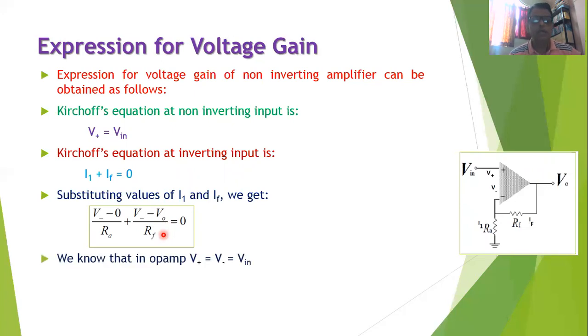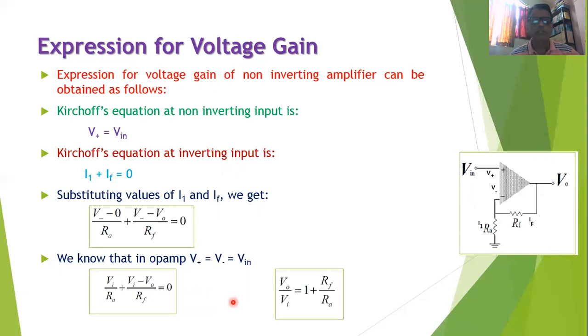Now in the third step, we know that in case of an operational amplifier, the voltage at the non-inverting input is equal to the voltage at the inverting input, and this is equal to Vin. And therefore, whenever we substitute these values in the above equation, we can rewrite it as Vi divided by Ra plus Vi minus Vo divided by Rf is equal to 0.